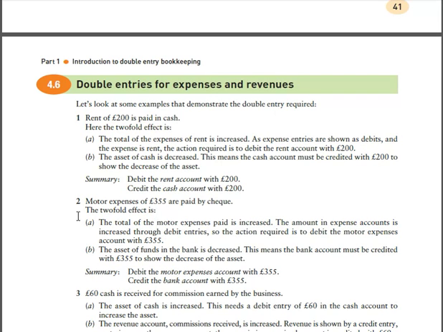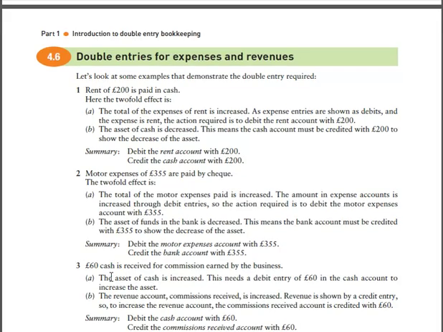The other would be paid by check, which would be the bank account. Motor expenses are increasing, so the expense account would be debited. Paid by check means our bank account would be reduced, and if an asset is reduced, it would be credited. So in summary, we'll debit the motor expense account with 355 and credit the bank account with 355.